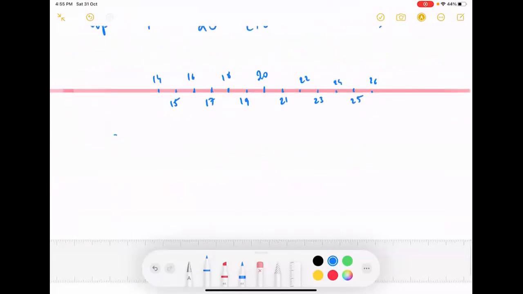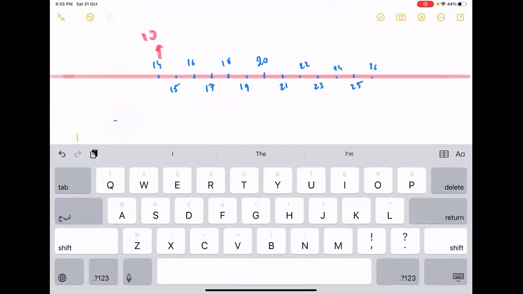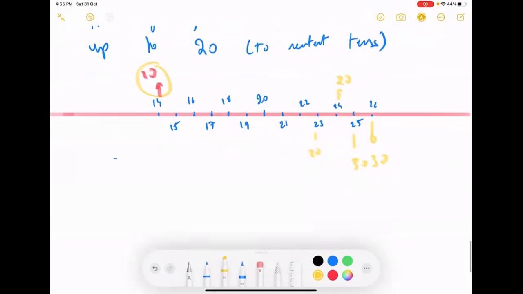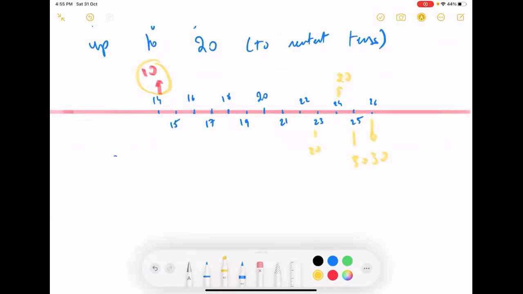So 14 to the nearest 10 is 10. 26 to the nearest ten is 30. 25 is 30. 24 is 20. 23 is 20. So I think you got it. So we would do something like that.